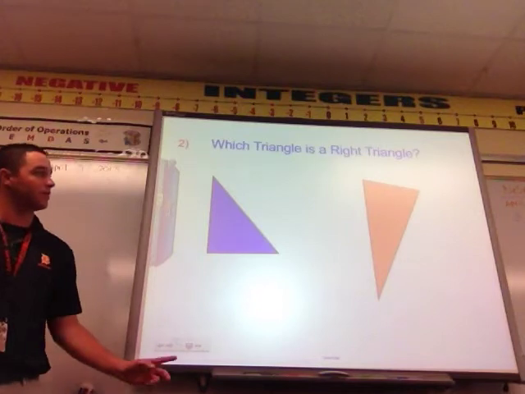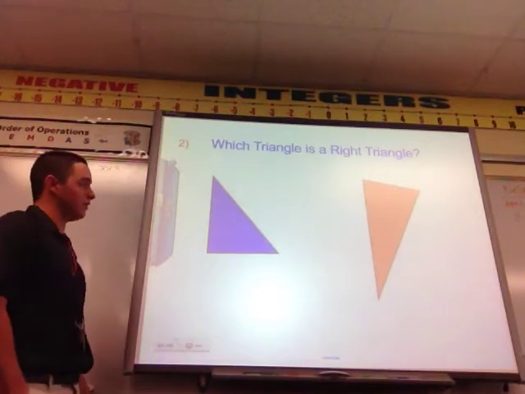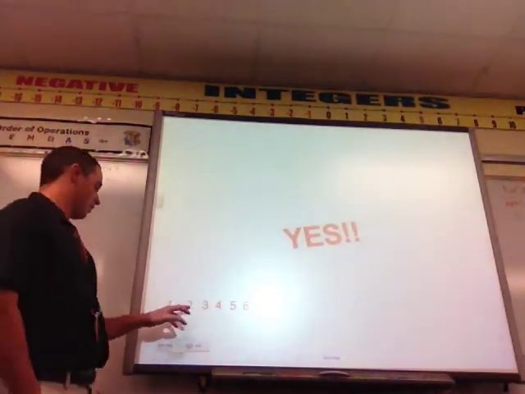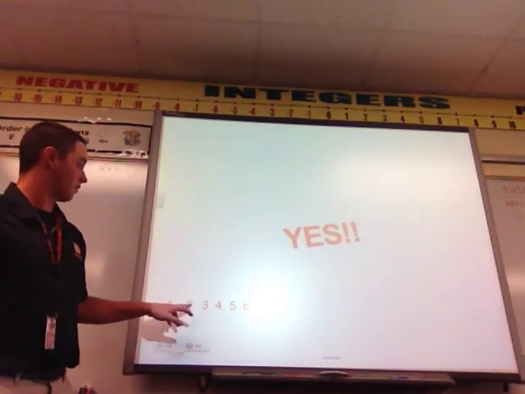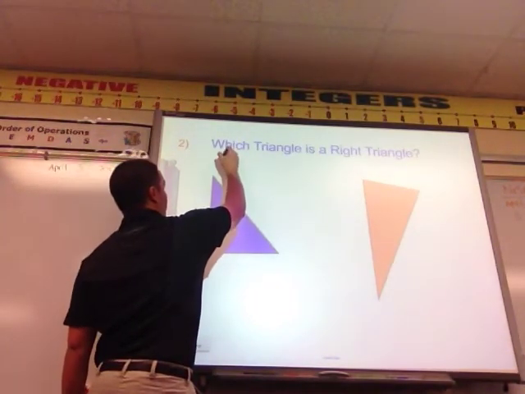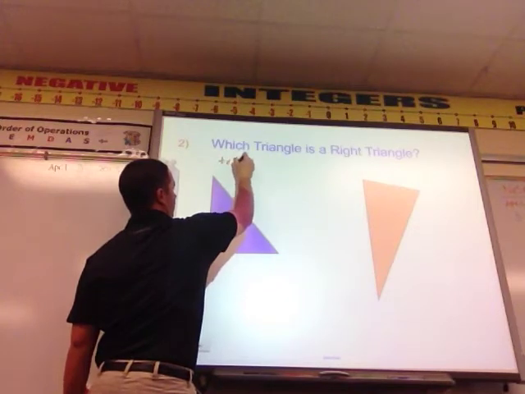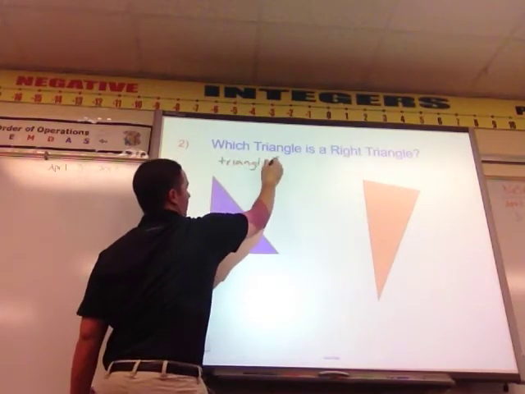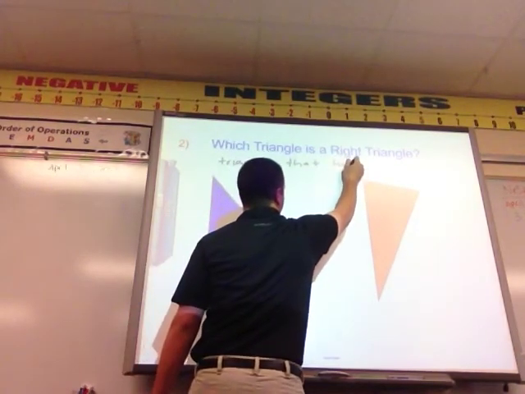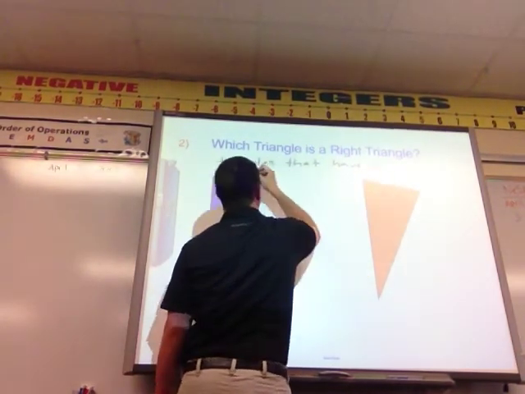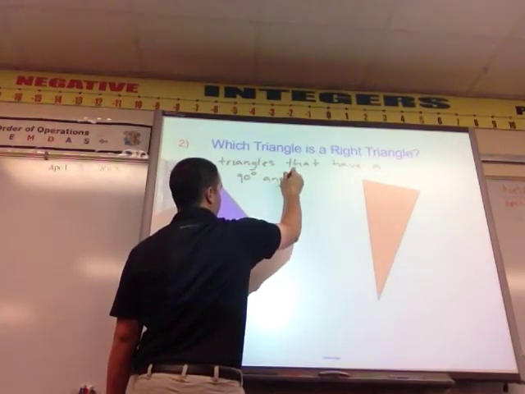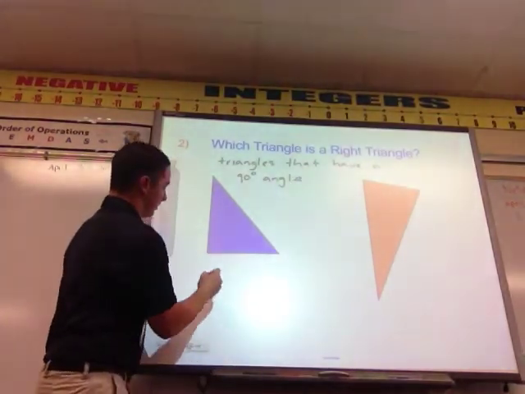So now, who wants to come up here and select the right triangle? Yep. So, like I was saying earlier, this is the right triangle because right triangles are triangles that have a 90-degree angle, which this one does.